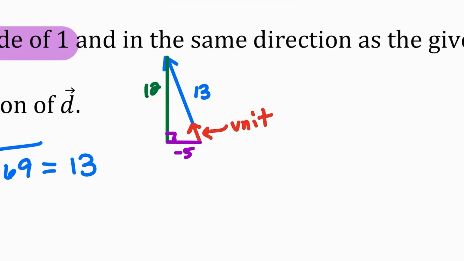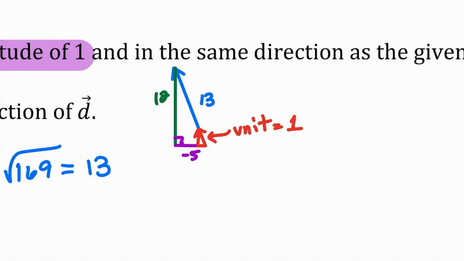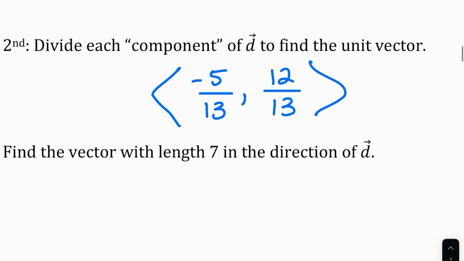But what I needed to end up doing was finding a triangle that matched up with that triangle, but had a hypotenuse of 1. Well, in order to do that, you're taking this triangle and, I forgot the word, dilating it down to a similar triangle, and you do that by dividing all the side lengths by 13. So that's how we end up getting that unit vector.